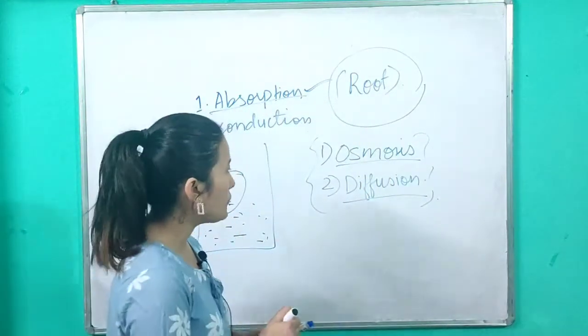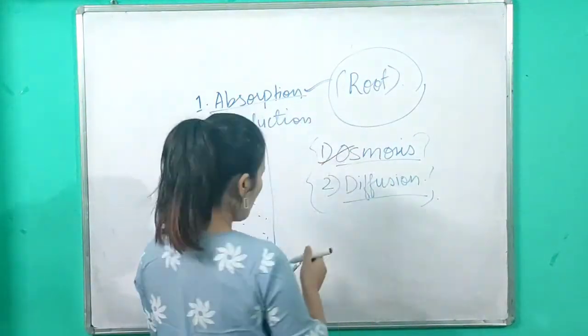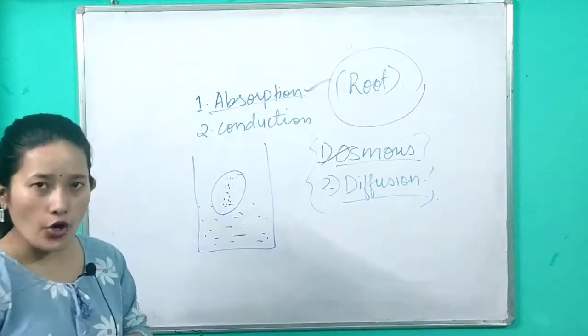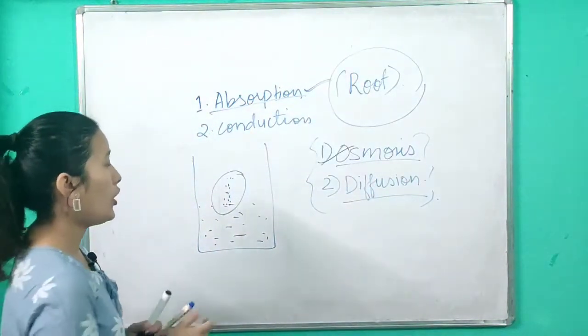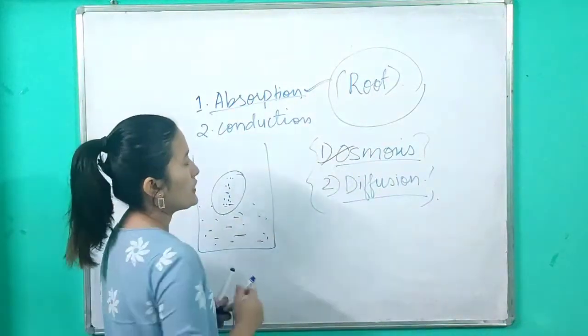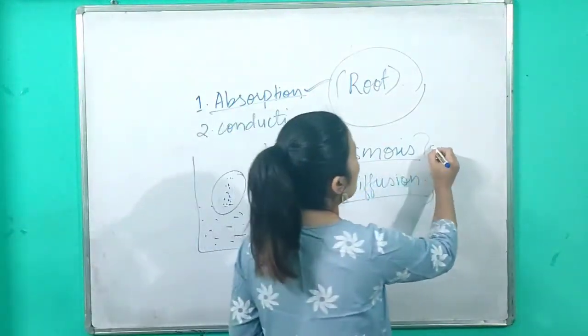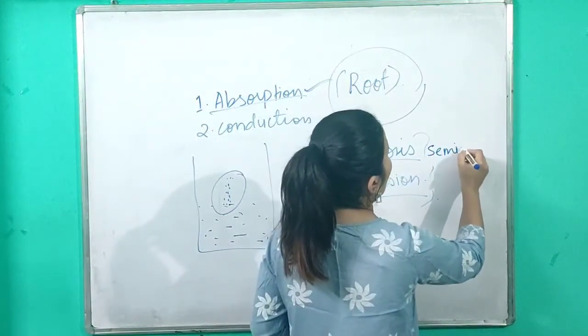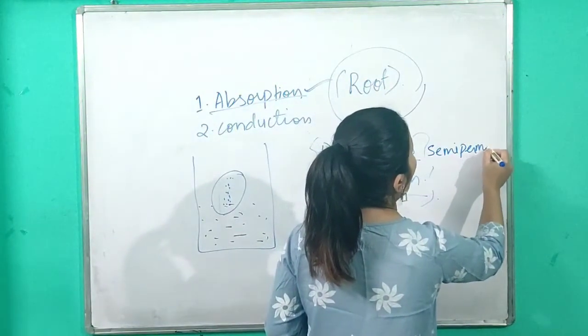Okay, so that's diffusion. Now coming to osmosis. How is osmosis different from diffusion? In osmosis there is a requirement of a semi-permeable membrane. So you need a membrane.